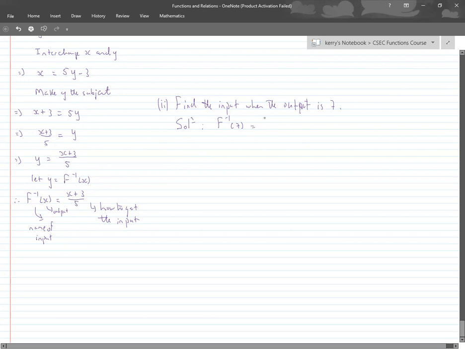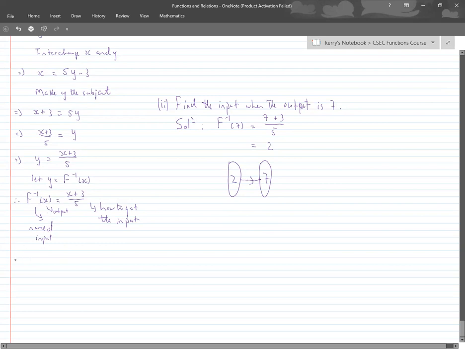So f inverse of 7 is 7 plus 3 over 5, which is 10 over 5, which will give us 2. So basically, this is telling us that when the output is 7, the input is 2. So always remember that the inverse function represents the set of the inputs.